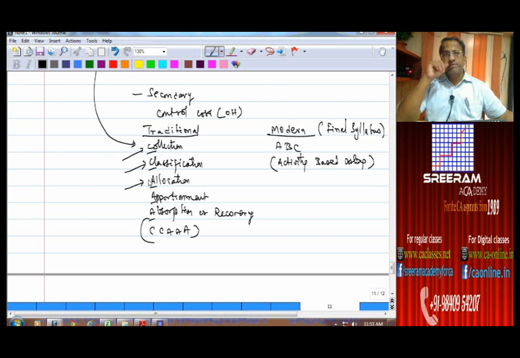So on what basis will you distribute? Based on the kilowatt hours of the machines used in the individual departments. That is more appropriate. You need to think about what would have really triggered that expenditure, and based on that you distribute. The department which has a higher powered machine should be burdened with a greater amount of cost. This way you need to apply your mind and find what could be an appropriate basis.